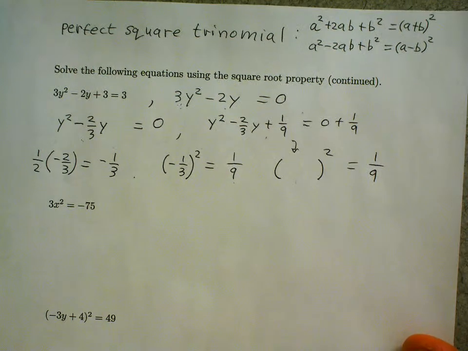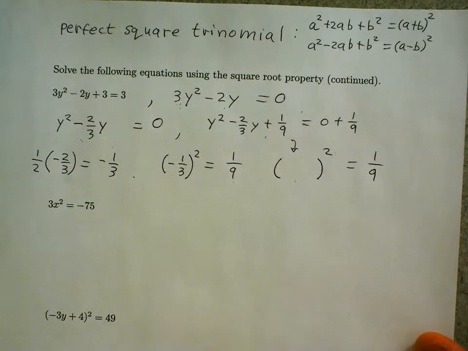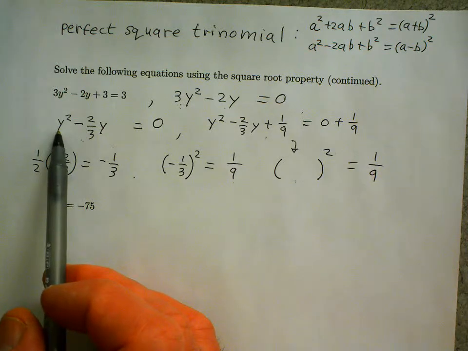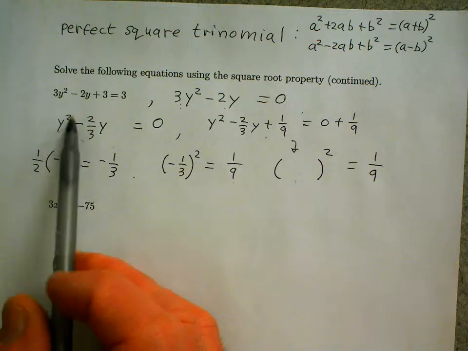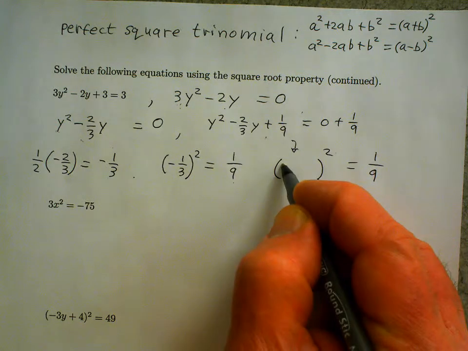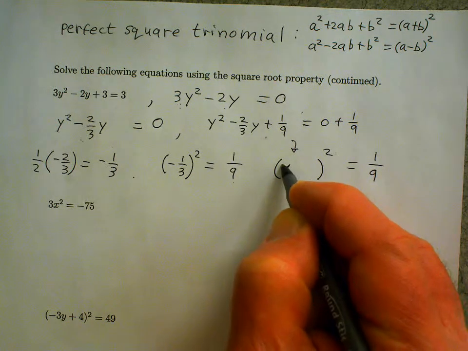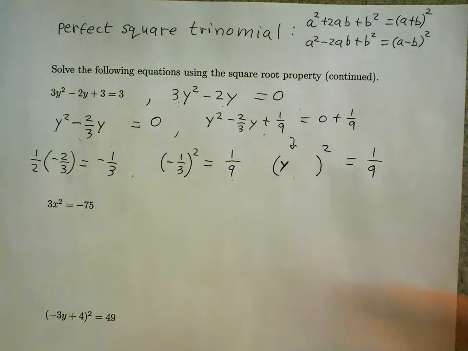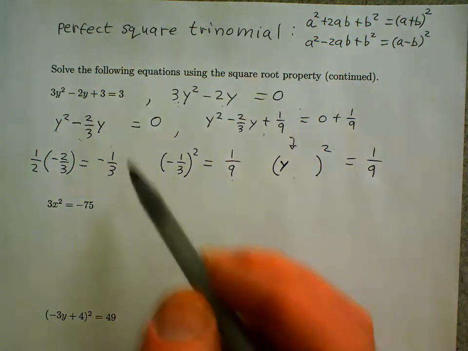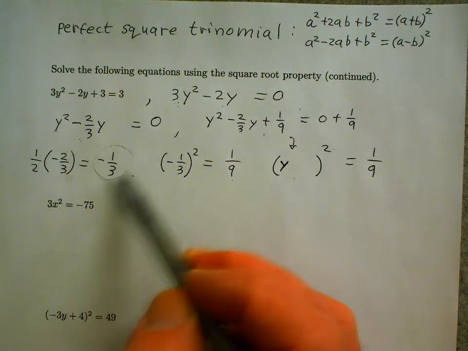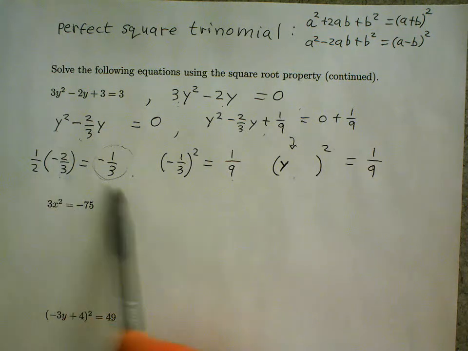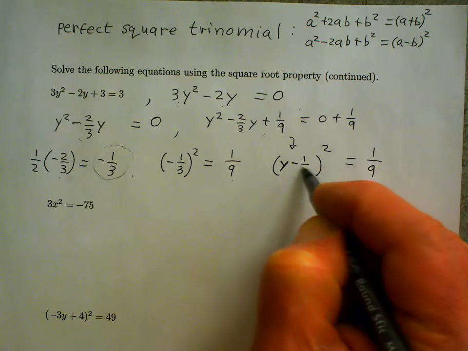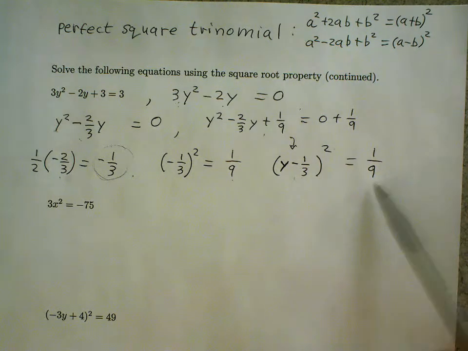Well, our preliminary work tells us since the first term in the quadratic expression is y squared, this has to have a y in it. And how do we know what follows? Well, what follows is 1/2 of negative 2/3, which is minus 1/3. So we write y minus 1/3 squared equals 1/9.